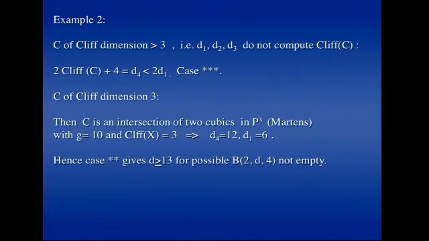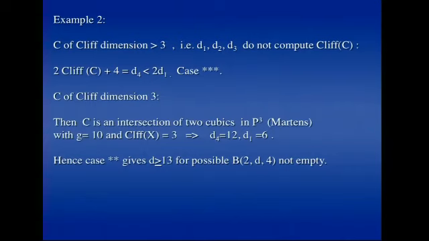In this case, we can calculate D4 from the formula for the Clifford index, and it comes out that D4 is smaller than twice D1. So this puts us in case 3. Depending on whether certain conditions are satisfied, you're getting non-empty loci.